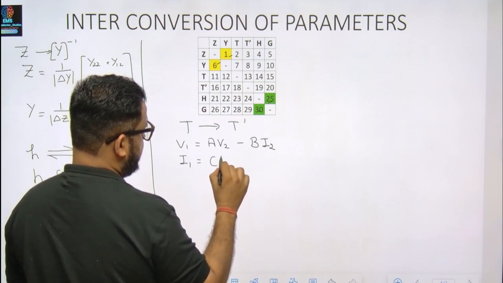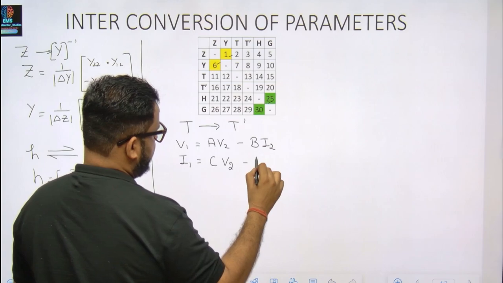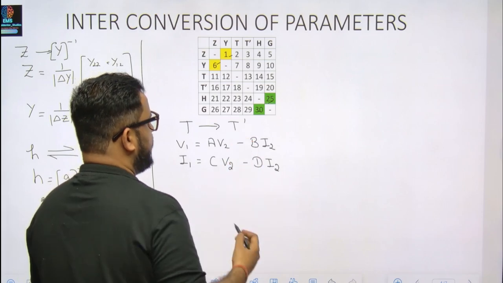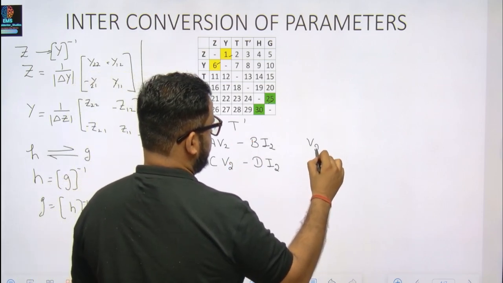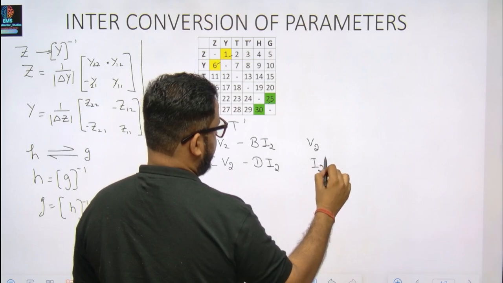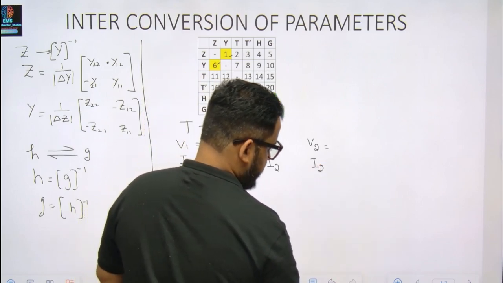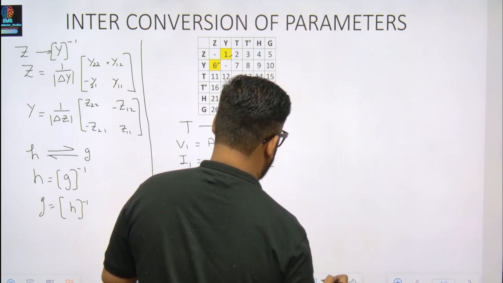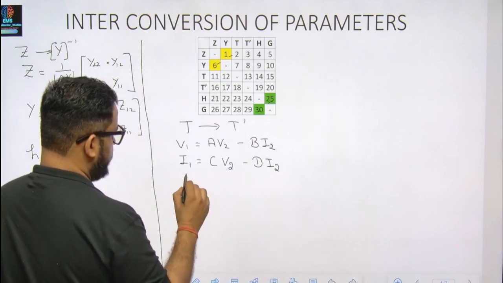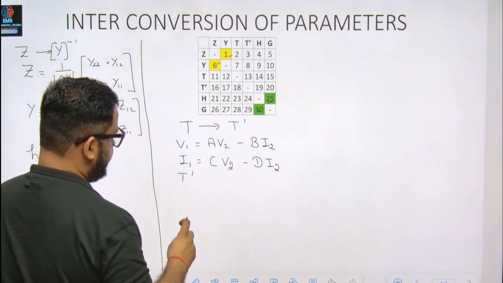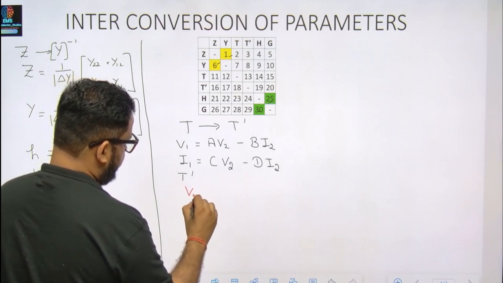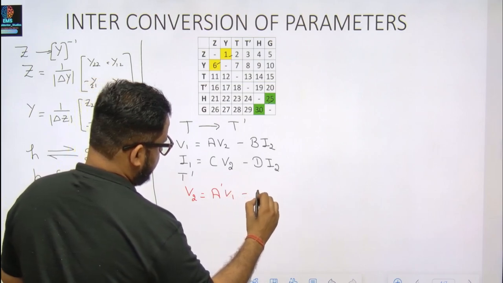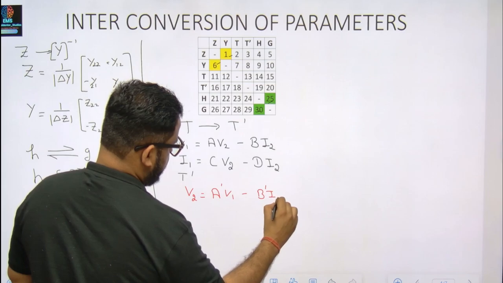I1 is equal to C V2 minus D I2. Similarly, for T dash we have V2 and I2. I'll just write it below this one. So for T dash parameter we have V2 equal to A dash V1 minus B dash I1.